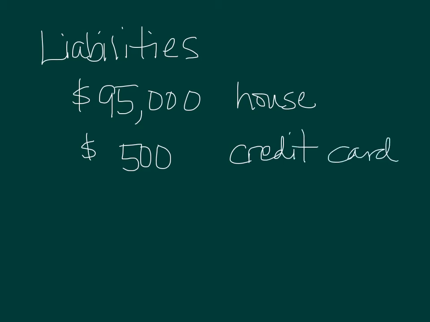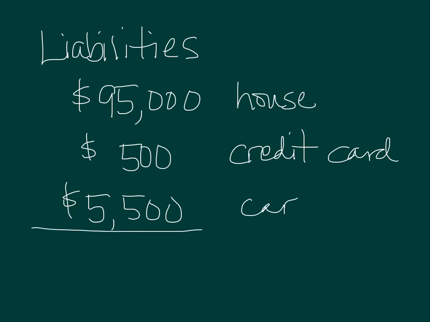And they have a car loan they still need to pay on that they owe $5,500 on. Well, all of those things added together are their liabilities. So when we add that together, we get $110,000 they have in liabilities.